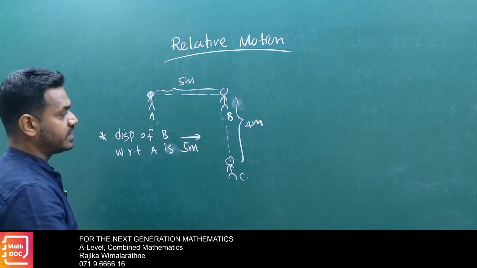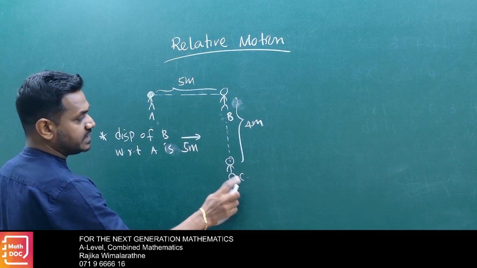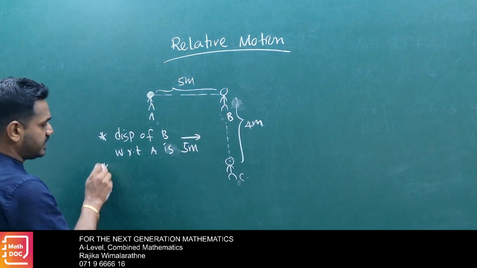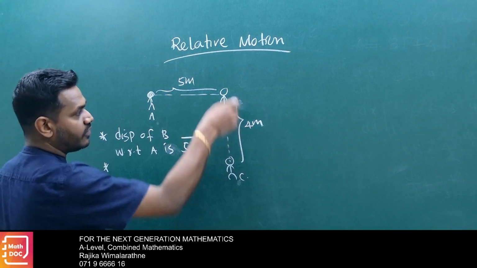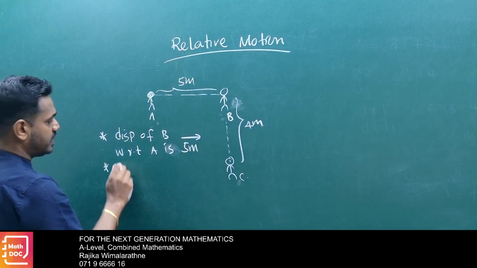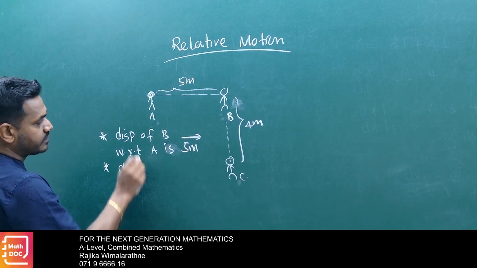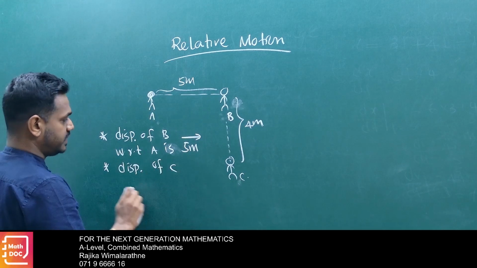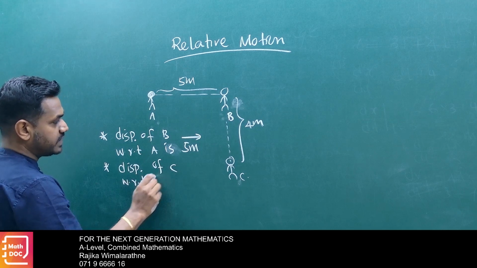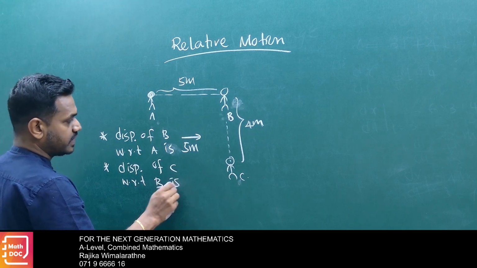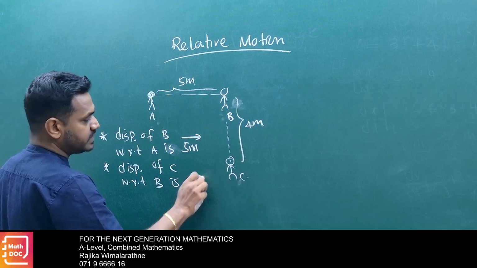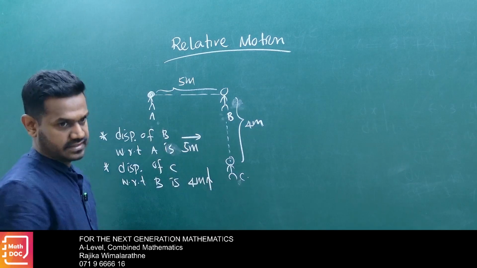Okay. Then further, when C observes B, then to C it is 4 meters this way, no? Therefore the displacement of C with respect to B is 4 meters in that direction.